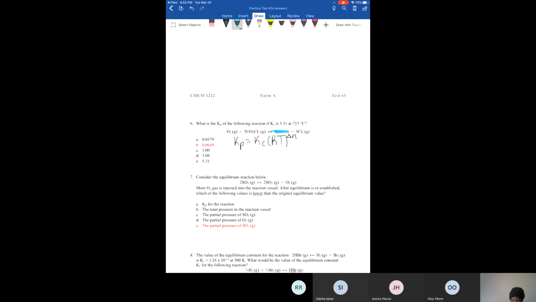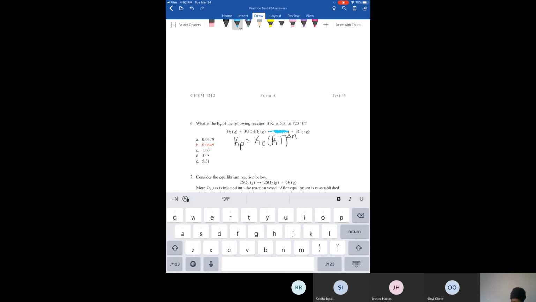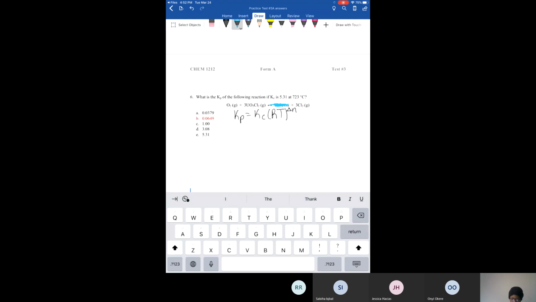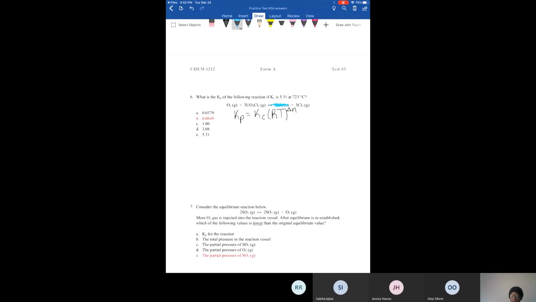When you solve for your change in moles, make sure you only use moles of gas or moles of aqueous solution. You don't use solids. If you use a solid, it's going to be wrong. I even made this mistake myself. You would have gotten E. That's not the right answer. Okay.